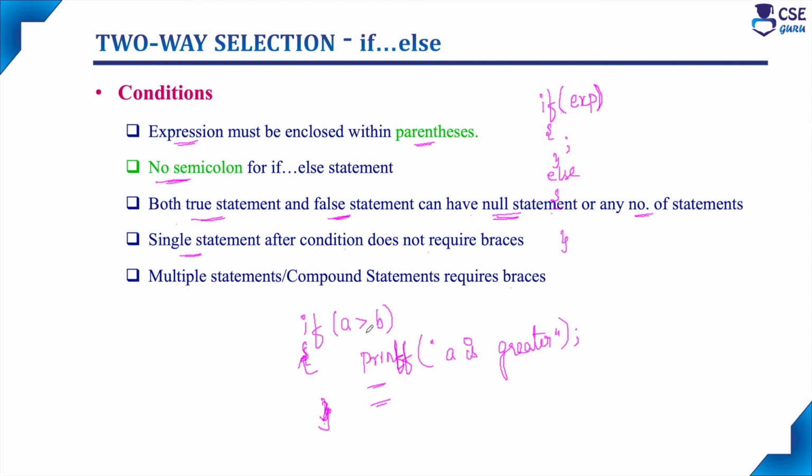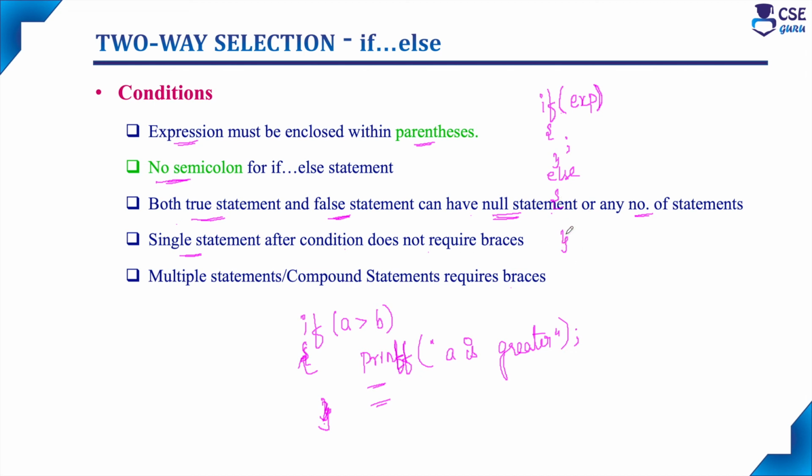If the condition is true and it has to execute multiple statements, that is more than one statement, it is a must to specify the curly braces. This is applicable to the else part also. After the else part, if only one statement is going to execute, it does not require curly braces. If multiple statements are going to execute, it requires curly braces.